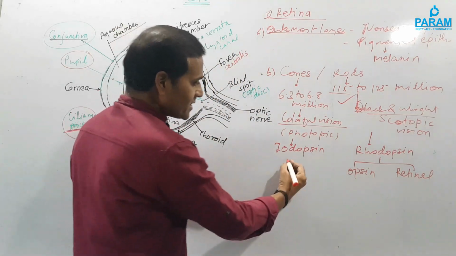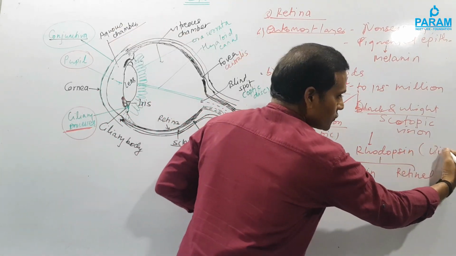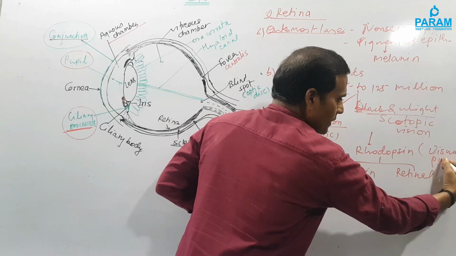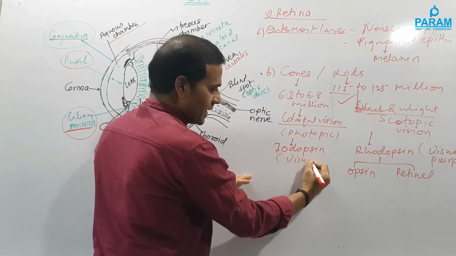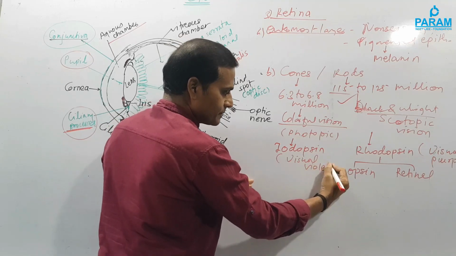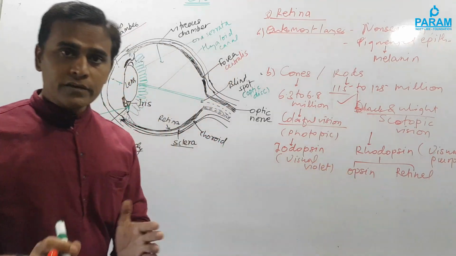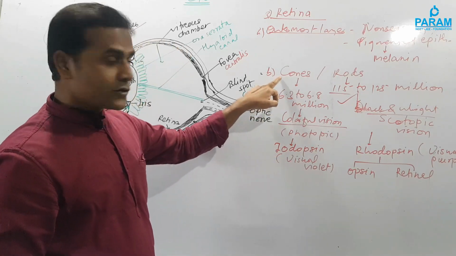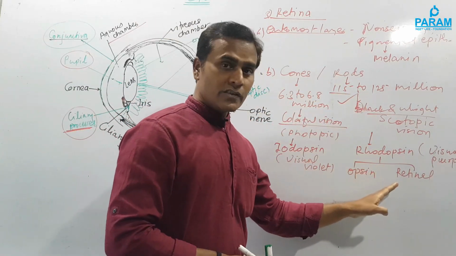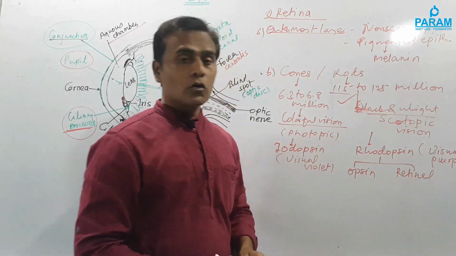Well, and this rhodopsin is also called as visual purple, and this iodopsin is termed as visual violet. So, colorful vision or color we can see is because of these cones, and the black and white vision we can see is because of rods.